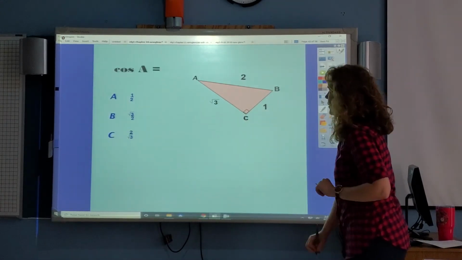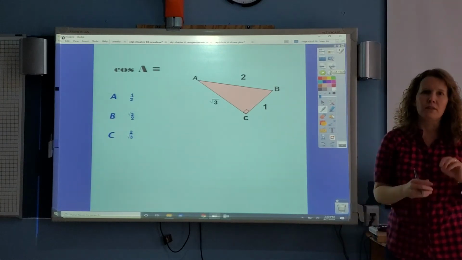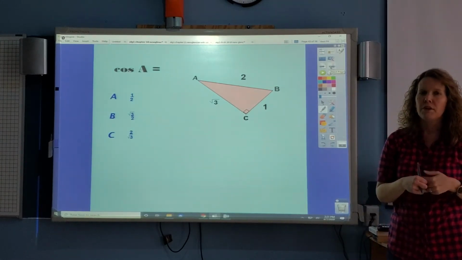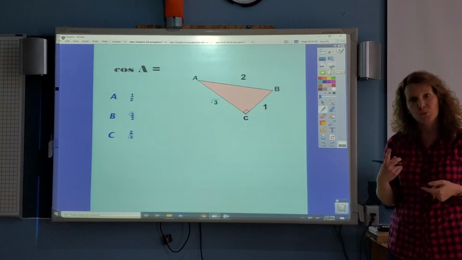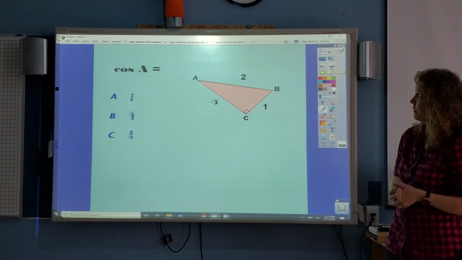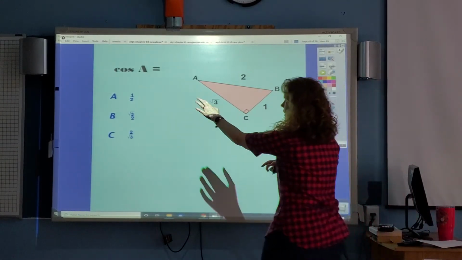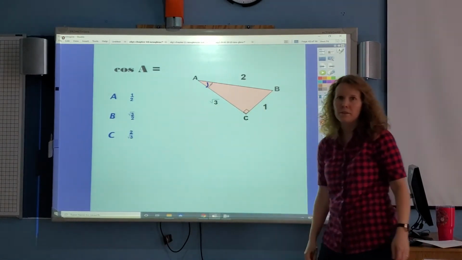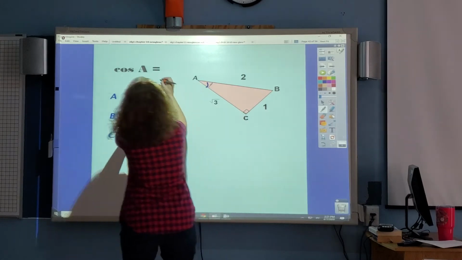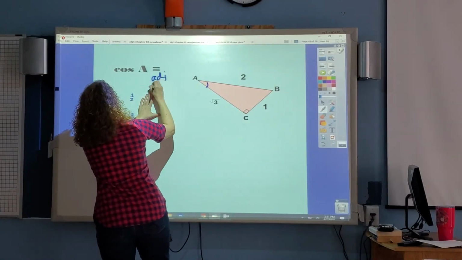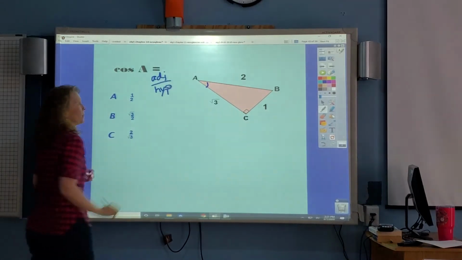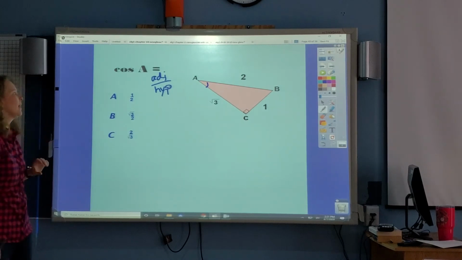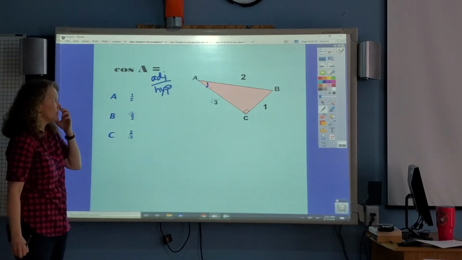Now, I'll give you just a second to see if you can figure out which angle we're looking at, and which trig ratio we're looking for. So you see this A. I want to put a little mark there. Remember cosine is CAH, adjacent over hypotenuse.